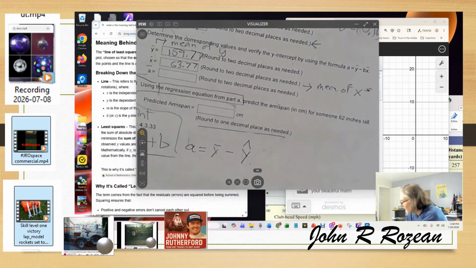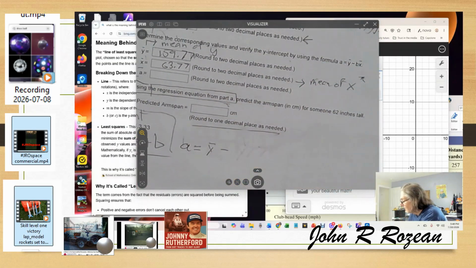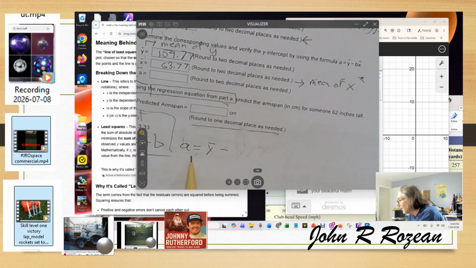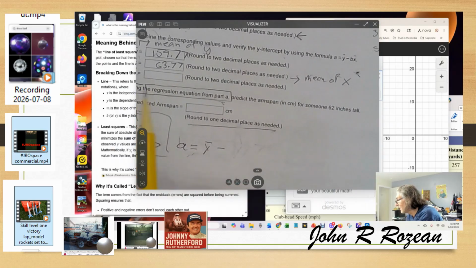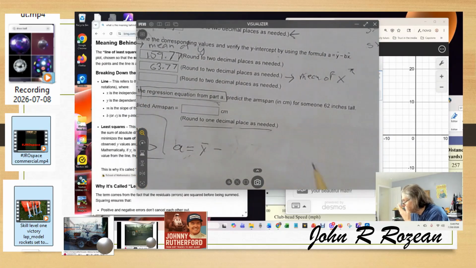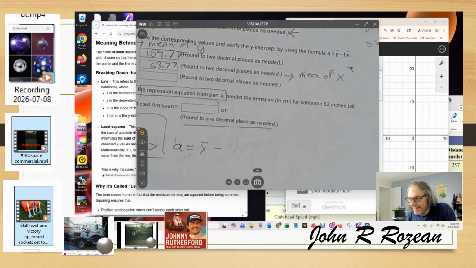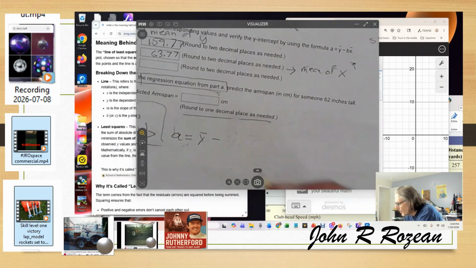This is what we're focusing on here. I was thinking of a residual, but A is what? A is the y-intercept. Okay, you got to reprogram. A is the y-intercept. Now let's go back to this formula.